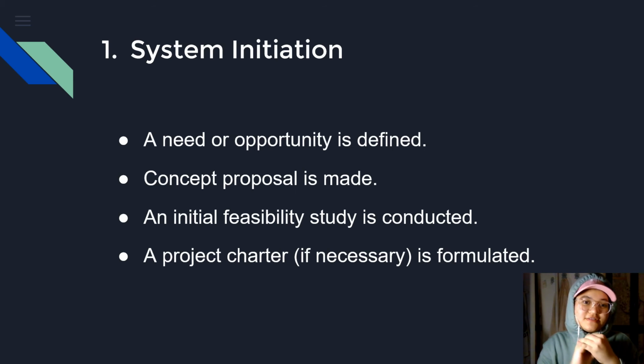So the first standard and guideline is system initiation. In system initiation, a need or opportunity is defined, a concept proposal is made, an initial feasibility study is conducted, and a project charter is formulated.